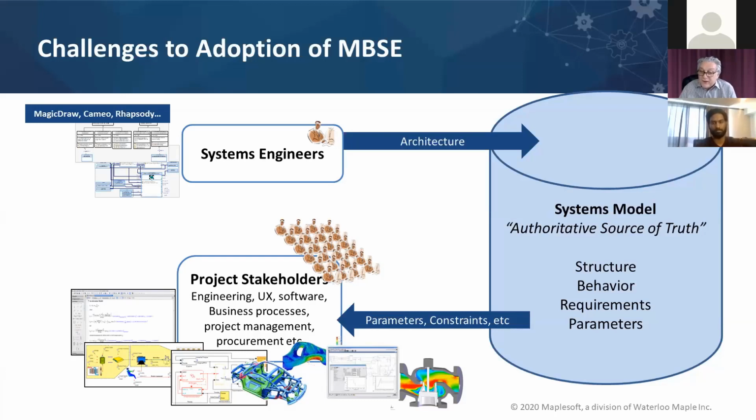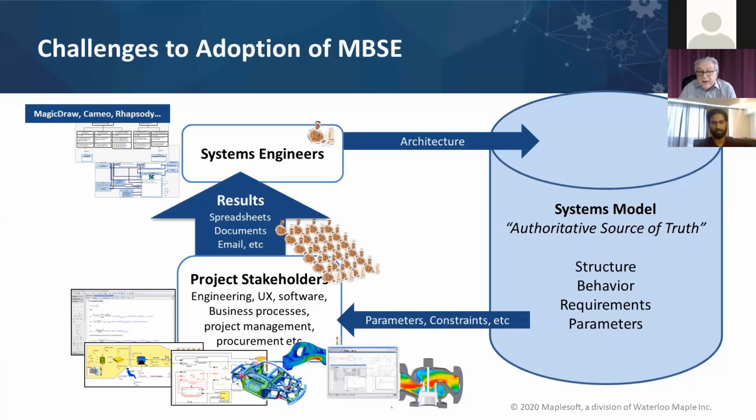The information generated from those tasks then has to be transmitted back to the systems engineer, who adds it to the systems model. This tends to be a very ad hoc process. It'll be a combination of presentations, spreadsheets, documents, and so forth that are submitted to the systems engineer.